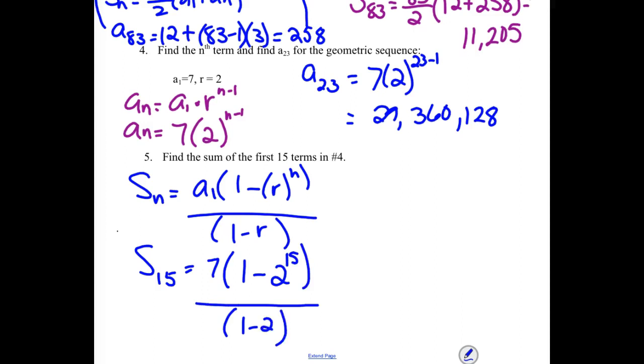Go ahead and grab your calculator. Figure out your total. All right, total is 229,369. Yes? All right.